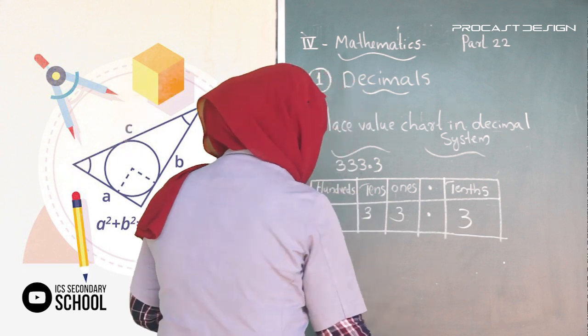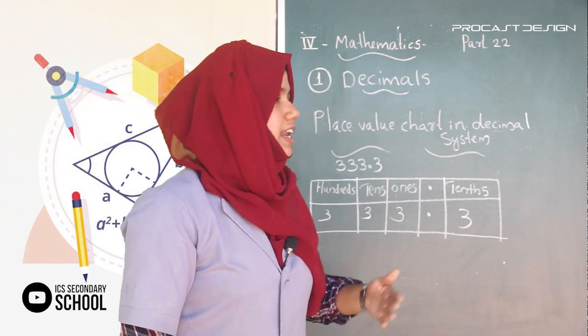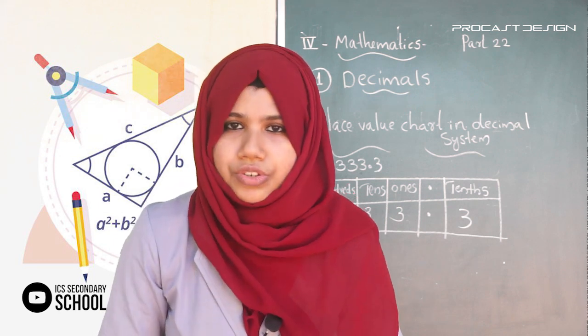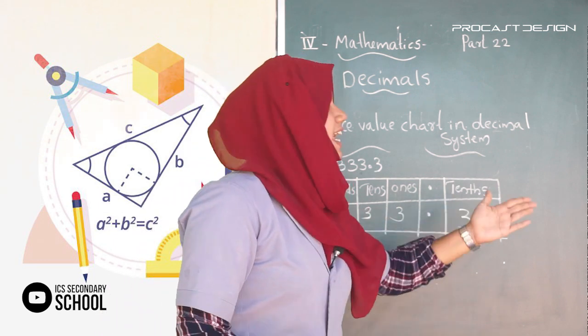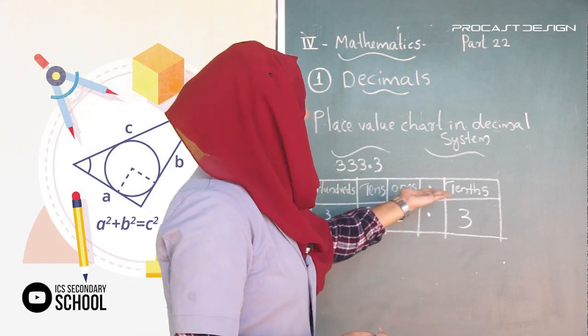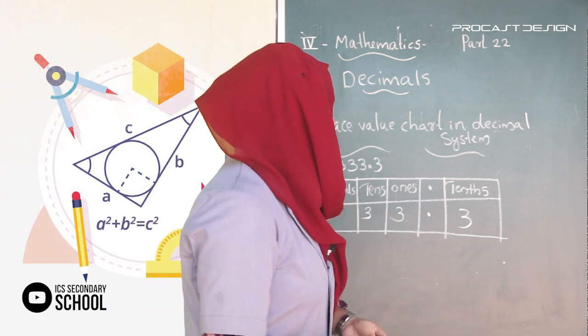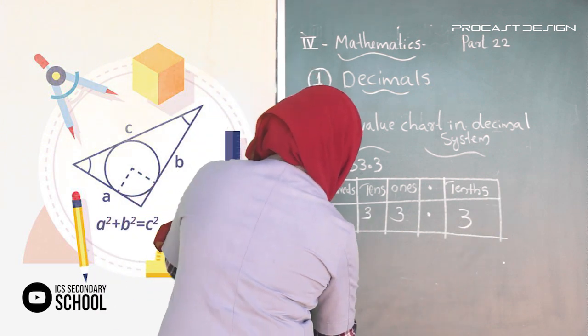Okay, 3 tenths. Is it clear? This is a new place that we are going to learn today, and the place is the tenths place. After the decimal point, the place is the tenths place. Is it clear?